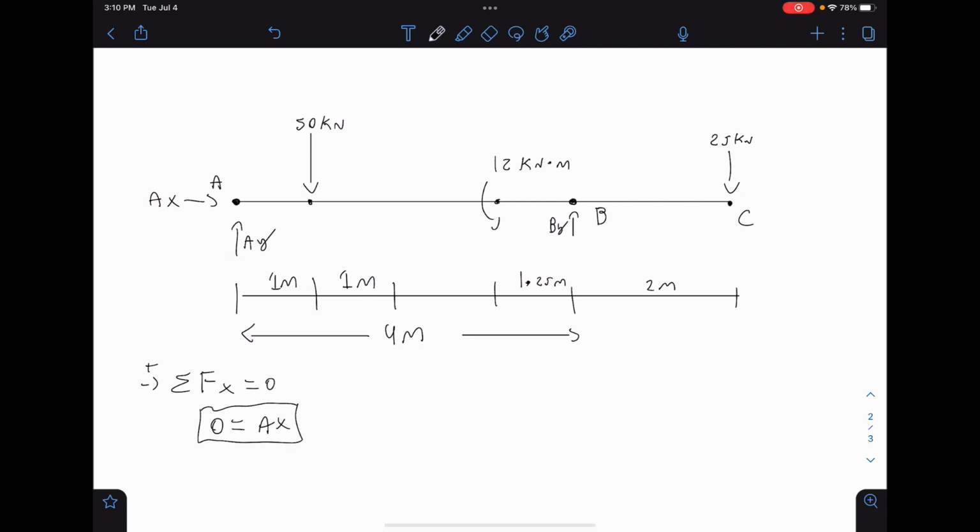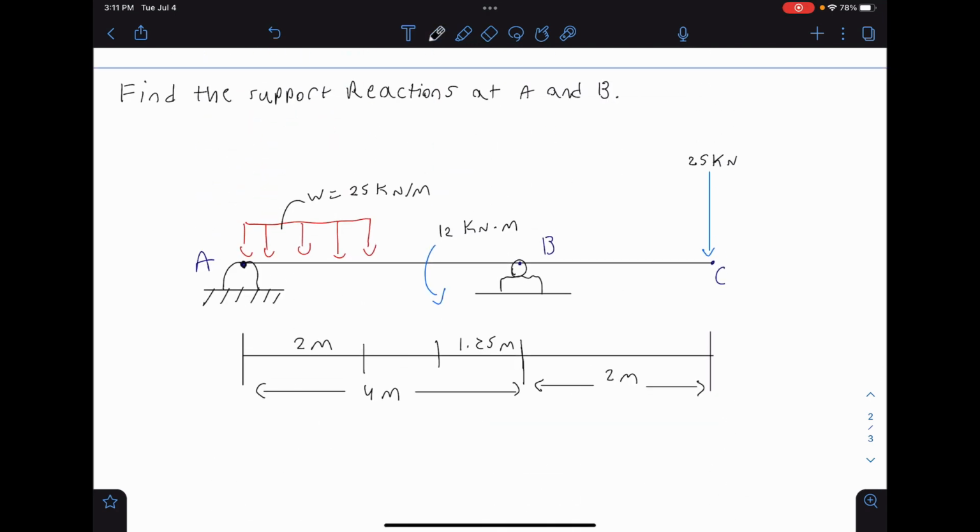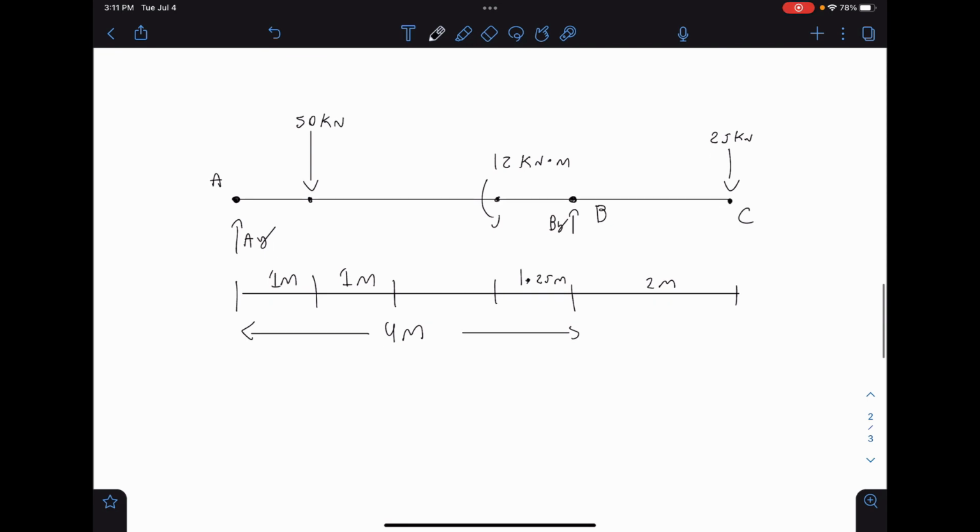And that's it. That is our only x force, and we don't need it. So let's get rid of it. We can actually get rid of Ax off our diagram here. See how we reduced this mess into just a very simple looking free body diagram here.